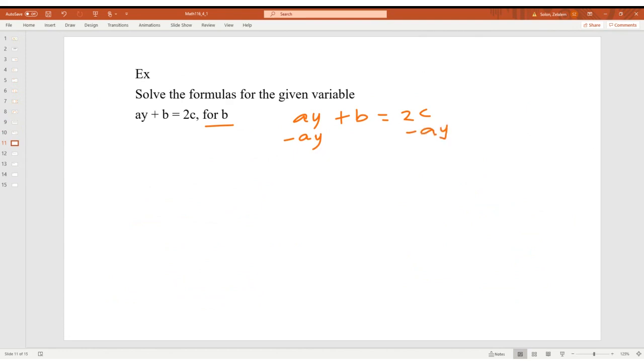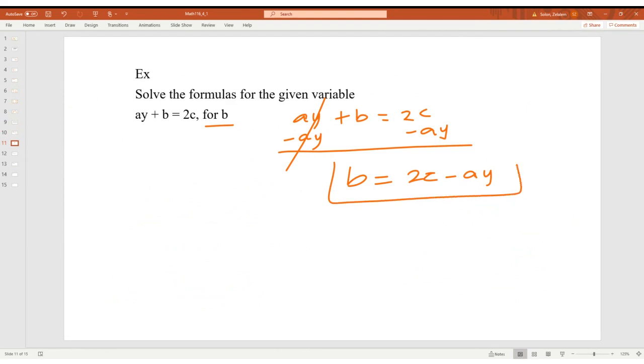It's like solving a one-step equation, but the difference is now we have variables rather than numbers. We take away ay, it cancels out, so we have b here. Because these are not like terms, they will stay 2c minus ay. That's it. So b is 2c minus ay. That's what solving a literal equation means. It's just rearranging and figuring out b in terms of a, y, and c.